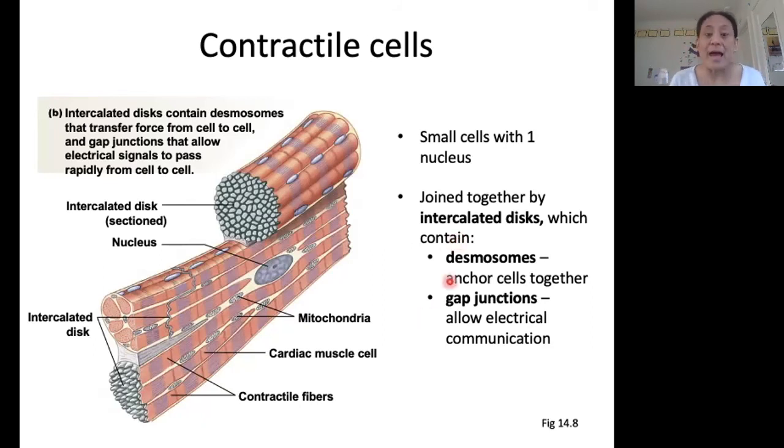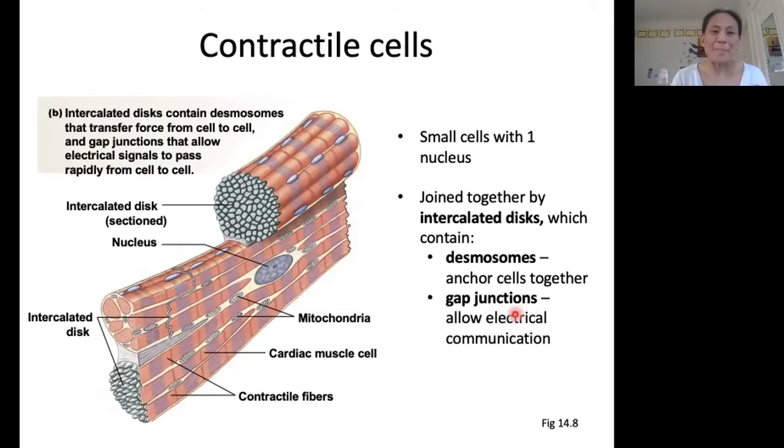Then we have the gap junctions. In the intercalated discs, we also have gap junctions. I want to remind you that gap junctions are basically channels that lead from one cell to another. They play a very important role in the heart because that's what allows the electrical signals to pass from cell to cell.